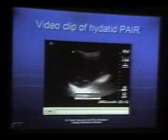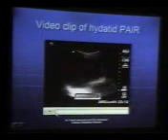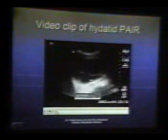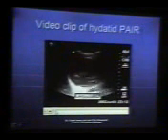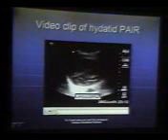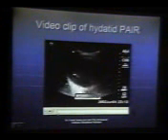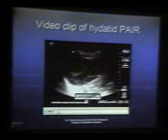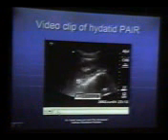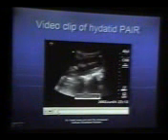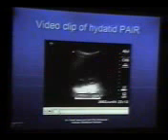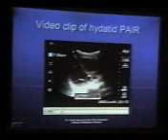That's a video clip of the procedure. That is the hydatid cyst in the liver. It's being measured.